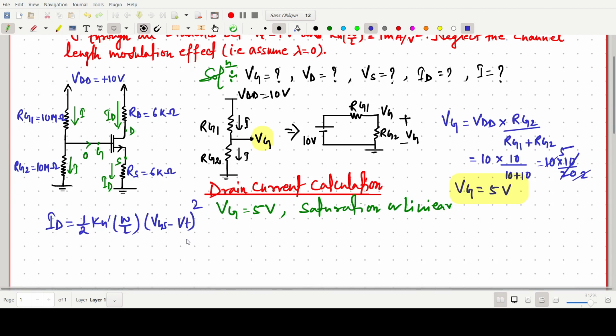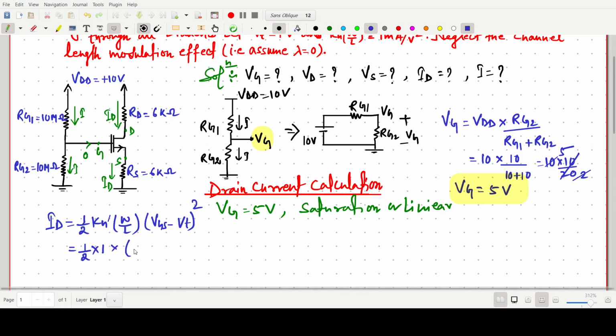So in this case, the ID value is given by this very well known equation. ID can be written as 1 by 2, Kn dash W by L is 1 milliampere, so I am just writing 1 only, with ID in milliampere range.